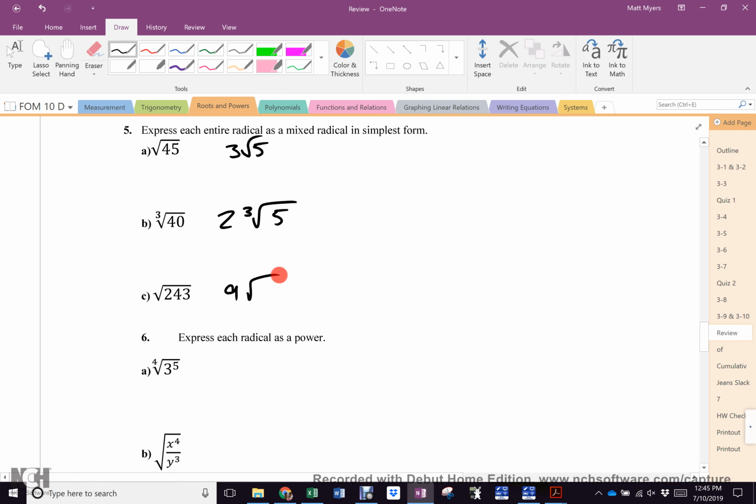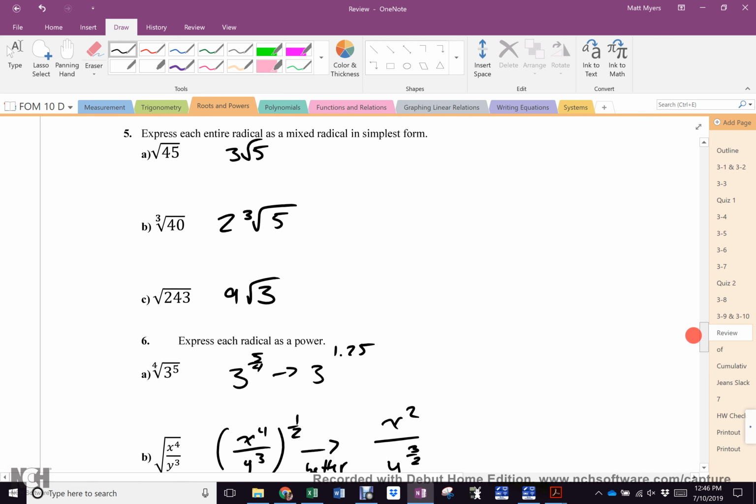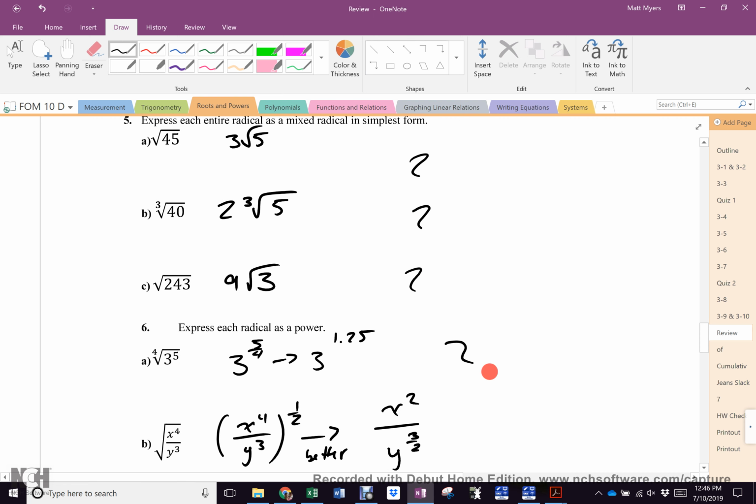I would also, of course, accept 3 to the 1.25. This is x to the 4th over y to the 3rd, all to the 1/2, which I would accept. Better, x squared over y to the 3/2. Best answer, but I'll accept them both. All these, give yourself 2 for them. 2, 2, 2, 2, 2.